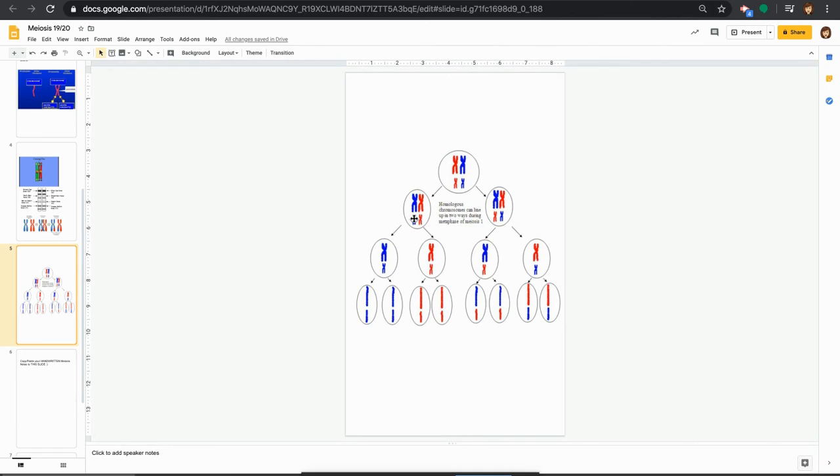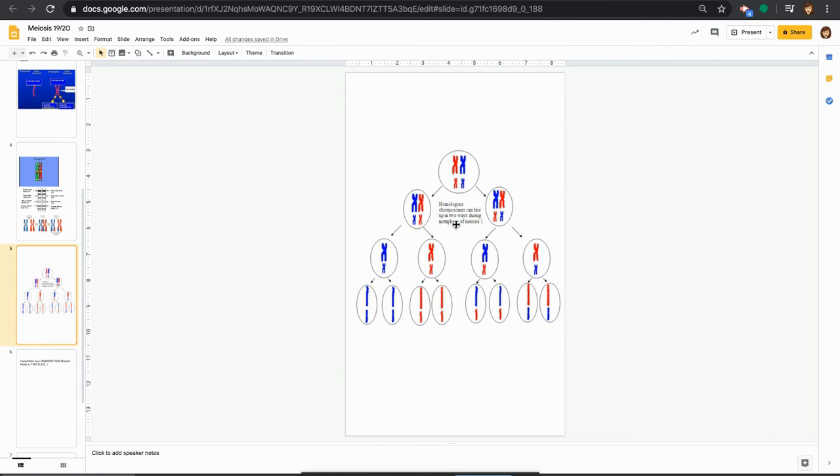You can have this arrangement where blue goes with blue and the red goes with red, or they can flip-flop right here, and red can go with blue and blue can go with red. So they flip-flop their space. And as a result, you get different options for your sperm compared to when you had this orientation.